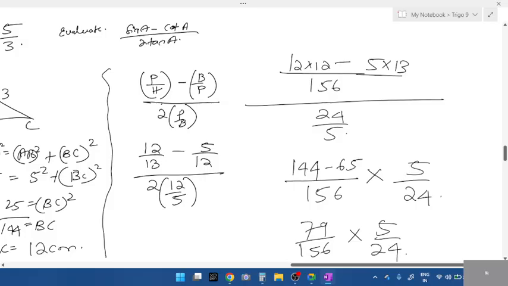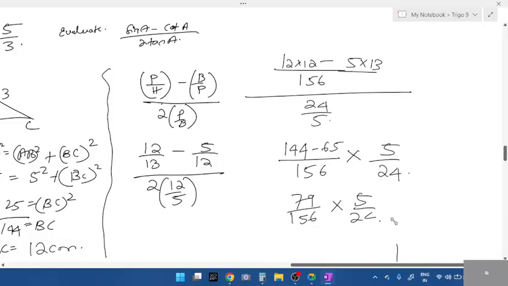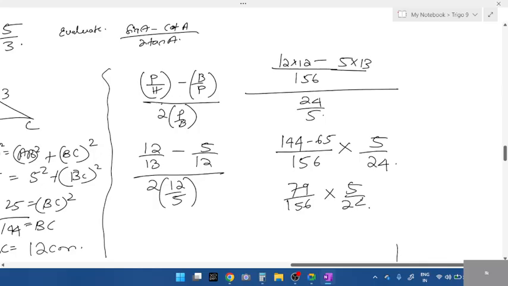Can we reduce anything? Check whether you can reduce 156. Nothing can be reduced, so you multiply this.